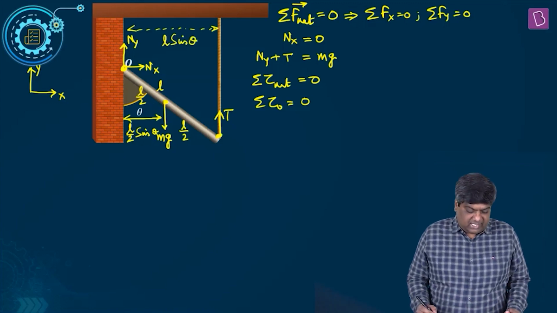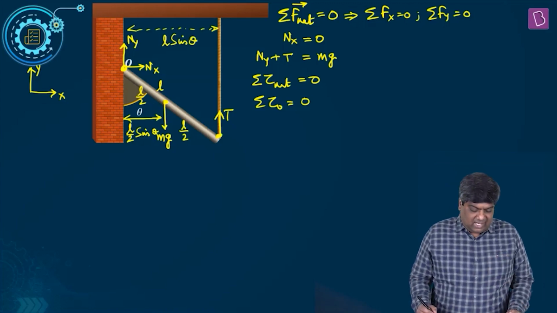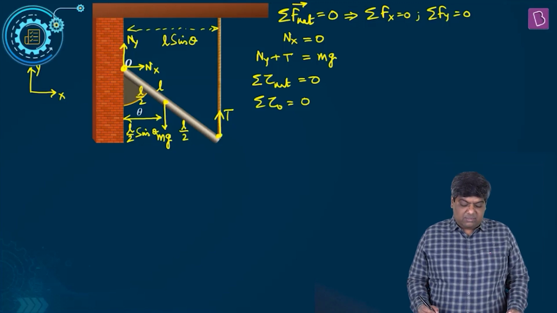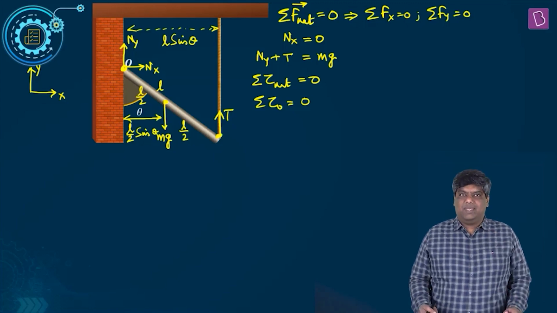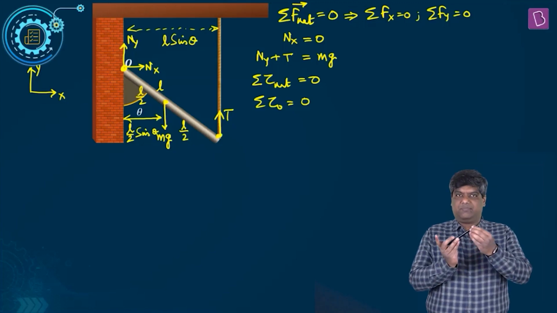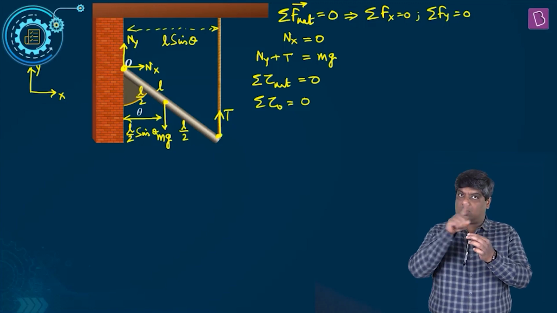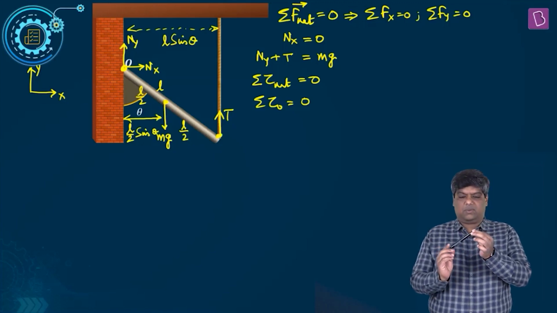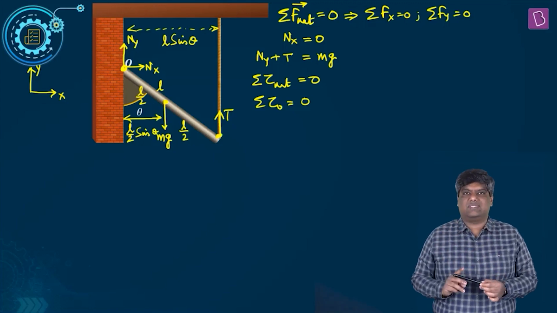So the perpendicular distance of tension from the axis is L sine theta, and of mg from the axis is L by 2 sine theta. As far as O is concerned, mg is acting downwards, so mg is trying to produce a clockwise torque, and T is making it rotate anti-clockwise.